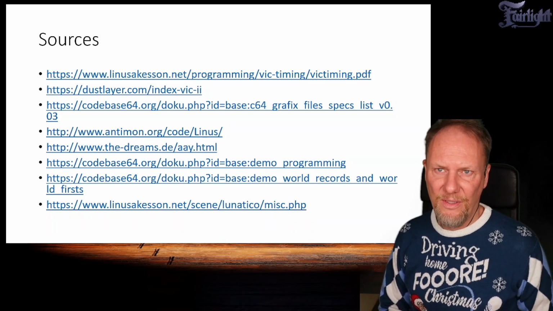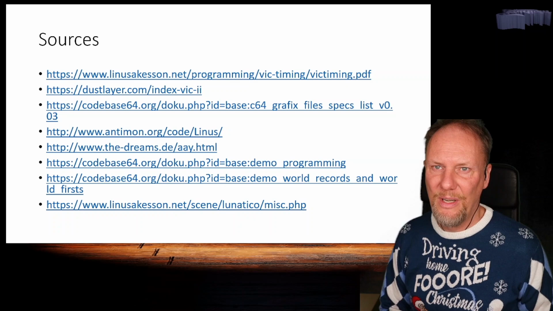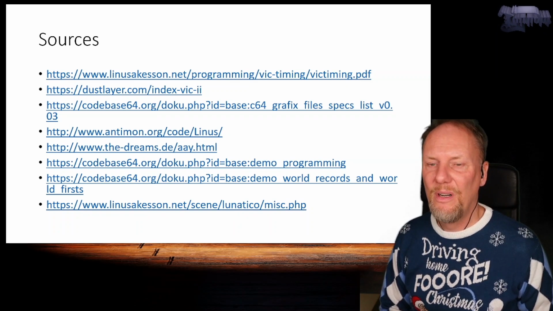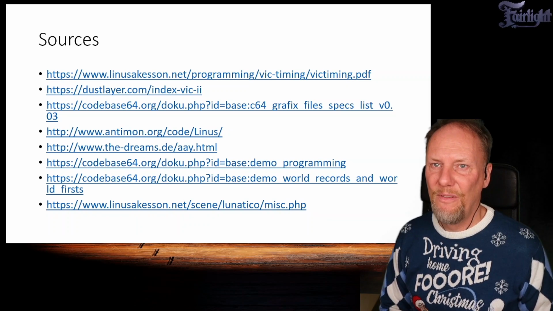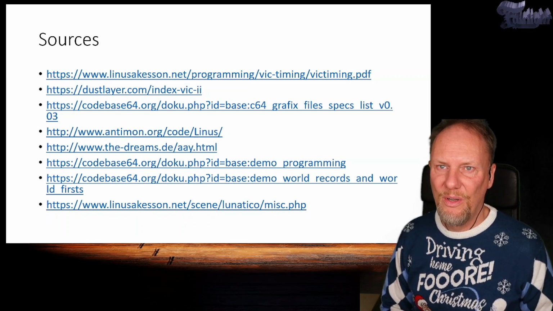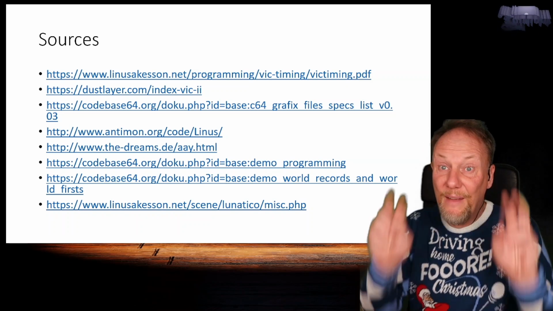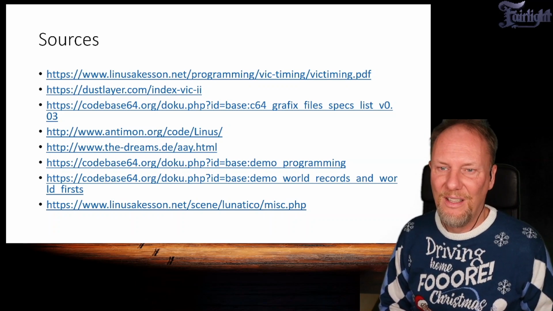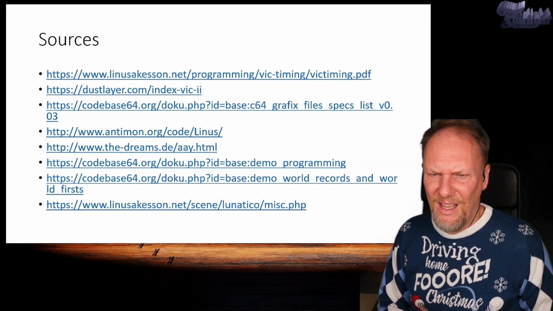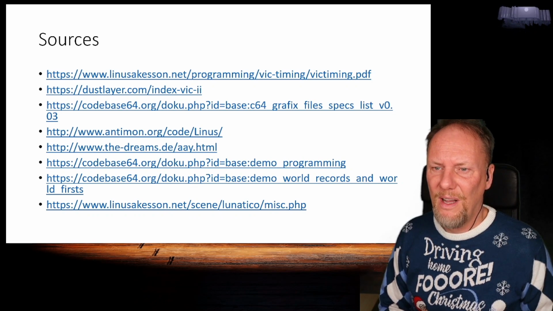Codebase 64 is the general go-to place for C64 code. It has code snippets for a number of things, and they are really handy. So if you want to implement something in code, but you're not sure how to do it, you could be inspired by having a look at something that is there. And the reference to the first one here is the graphics file specification.